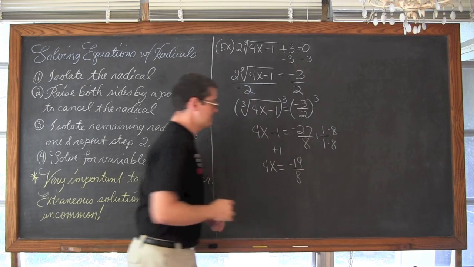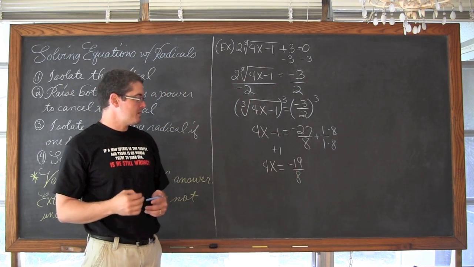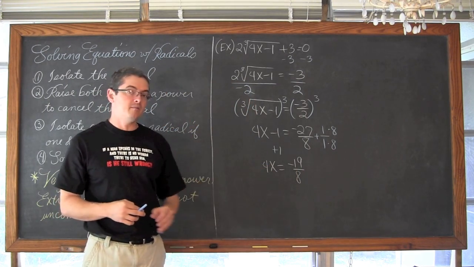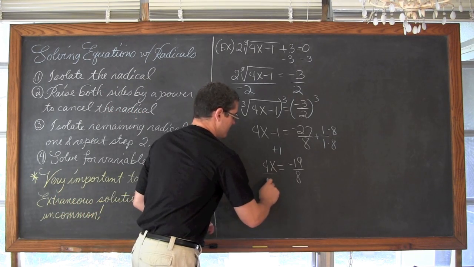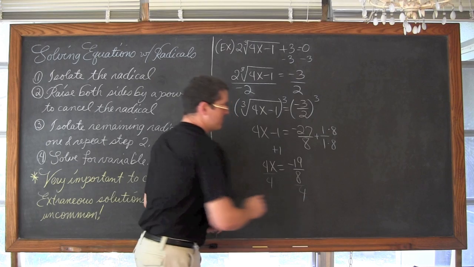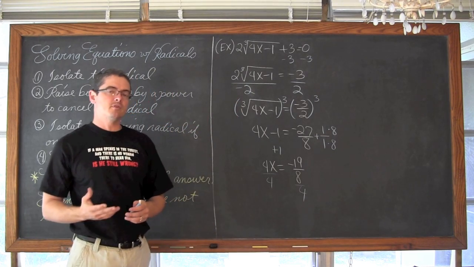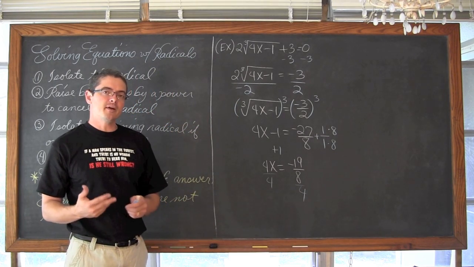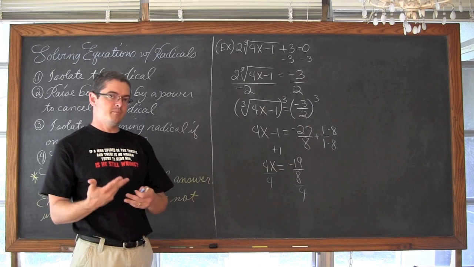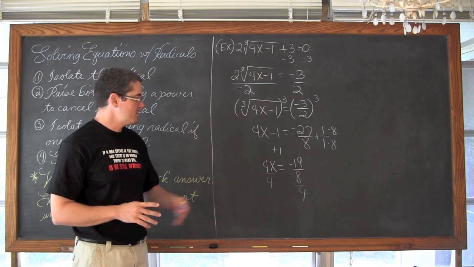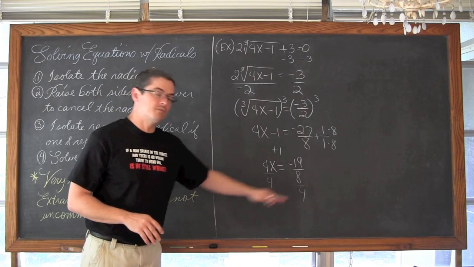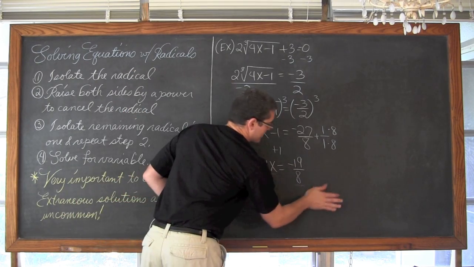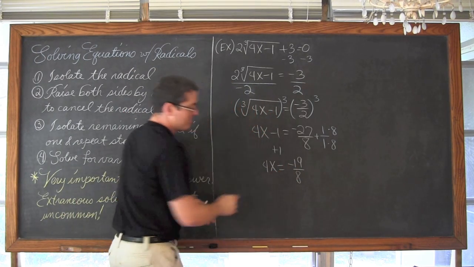Now we're going to undo this multiplication of 4 by dividing by 4. So we can write that as dividing by 4 like this. But unless you are really comfortable with simplifying complex fractions, which you should be, we just did a video on that, you might want to show, because this is a fraction over here, instead of showing a division of 4, that you are multiplying by a fourth.